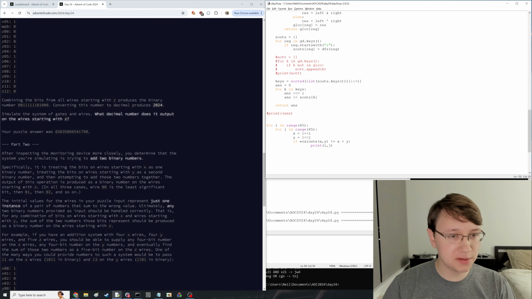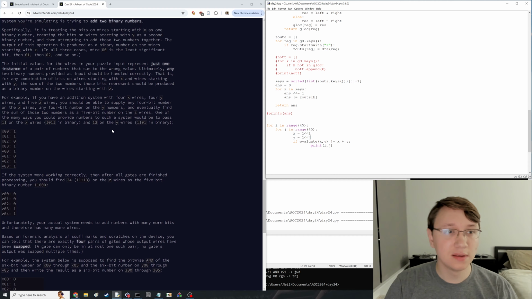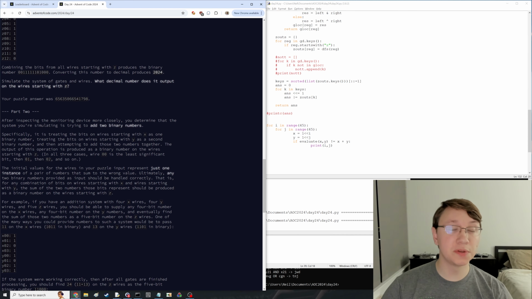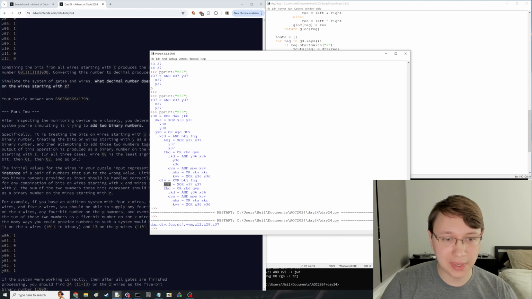And for part 2, we are now told that actually this circuit is supposed to add 2 numbers, but it's broken, and there are a few gates that have the wrong outputs. So you might have 2 gates that look like this. One, BKJ equals XOR of Y37 and X37, and FHQ is the OR of RKD and GPM.